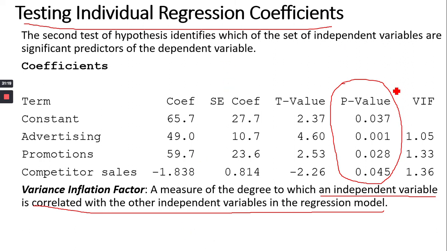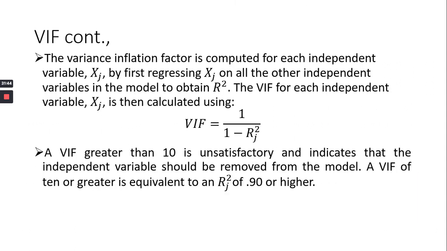So what MINITAB has done, it fits the variance inflation factor for each of the variables. So this is very, very critical to screen that independent variable which is not needed in the model, the variable which causes multicollinearity.